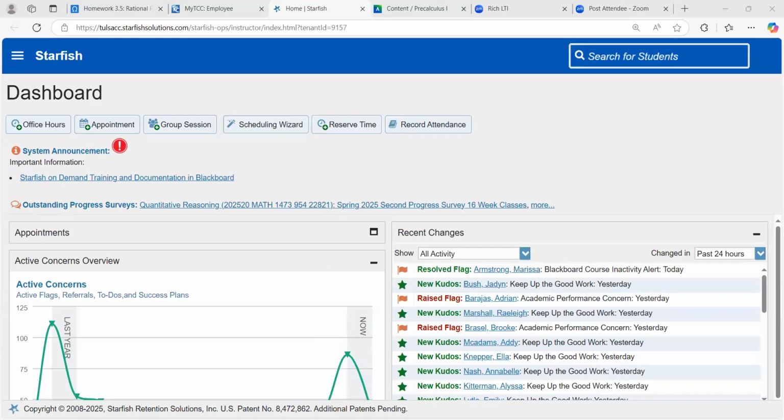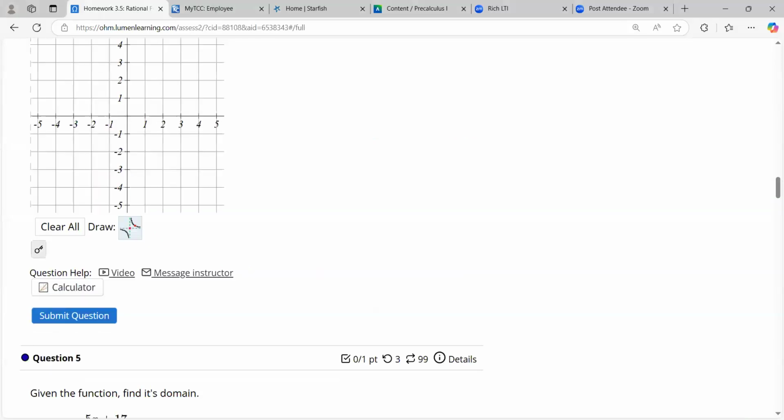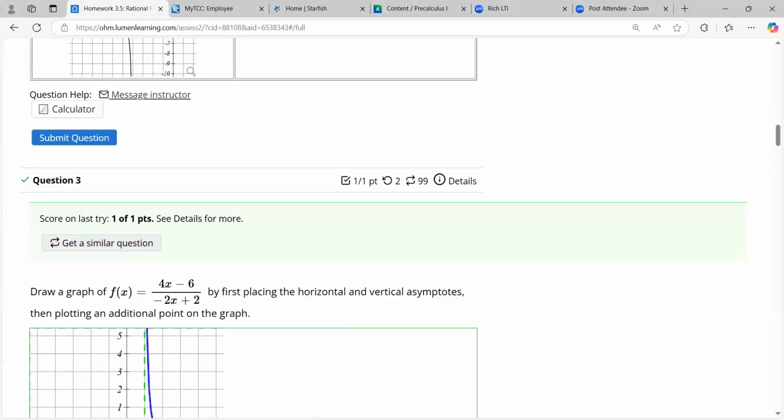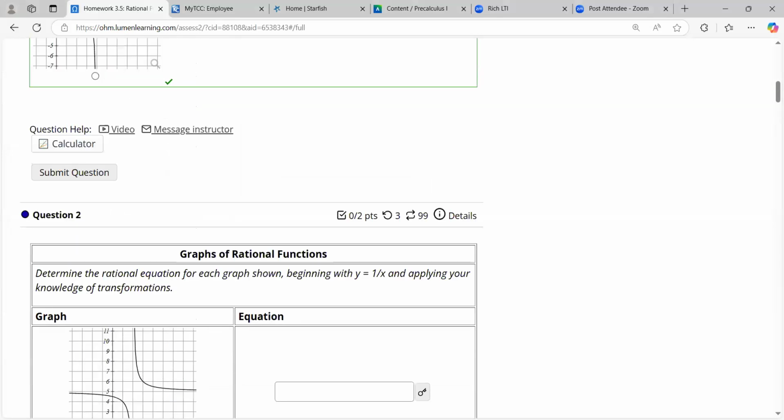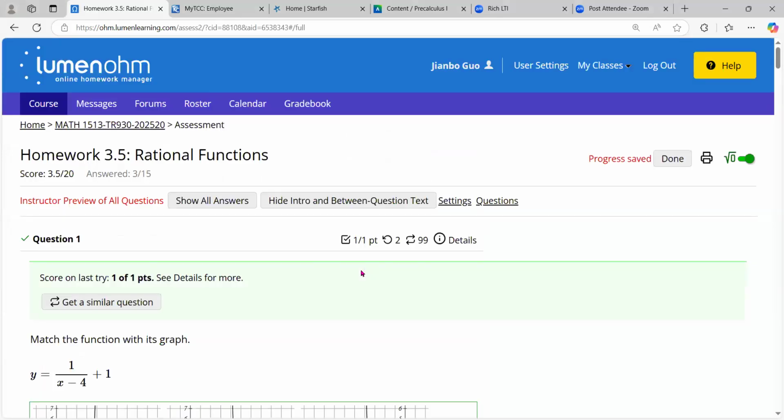Hold on a second. This one, the website. It's very small. Do you see Lumen, guys? Let me know. Yes, we see it. Appreciate that. Thank you. Yeah. Thank you for letting me know.